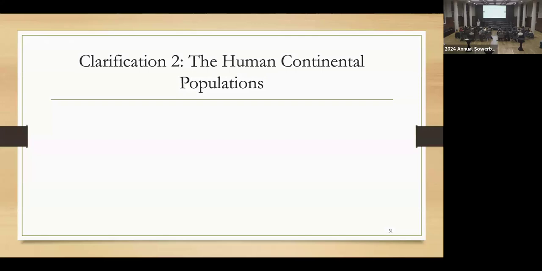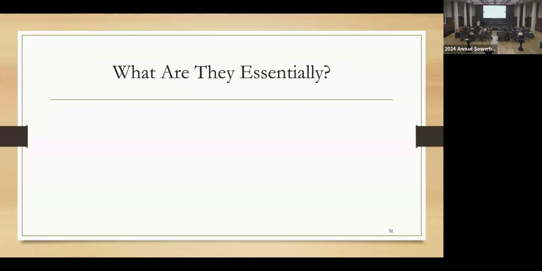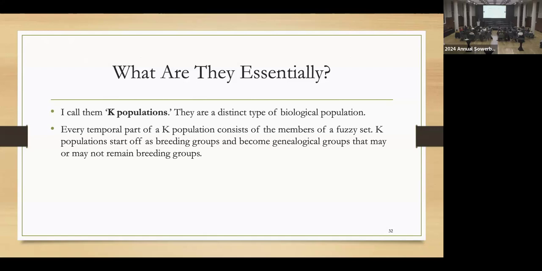Okay, so the human continental populations themselves, what actually are they? I have a paper on this in the Journal of Philosophy of Science. They're a very specific form of biological population that I call K populations. Roughly, every temporal part, every time slice of groups of organisms in such a population, forms a fuzzy set where you get membership in the set.